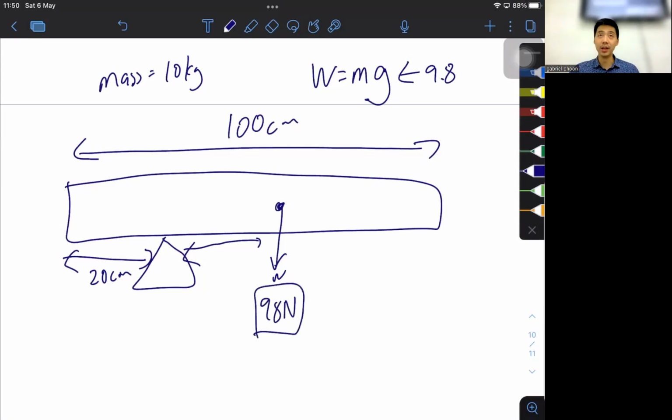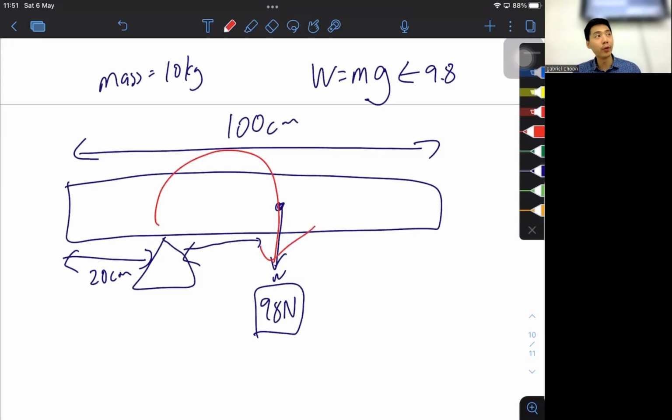Then this thing here is obviously going to generate a clockwise or anti-clockwise moment. Which one? The 20 cm. Is this going to generate a clockwise or anti-clockwise moment? It will generate a clockwise moment because it is with reference to the pivot, guys.